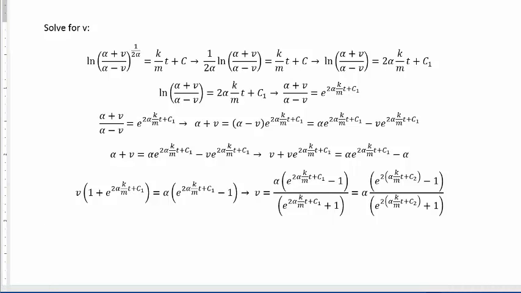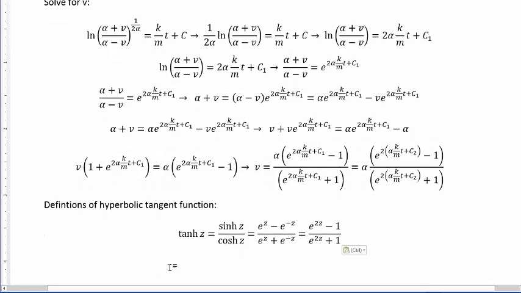So if you Google it or look it up in any of your calculus books, we'll see that the tangent hyperbolic is sinh over cosh, and the sine hyperbolic is e to the z minus e to the negative z divided by 2, and then the cosine hyperbolic is e to the z plus e to the negative z divided by 2.